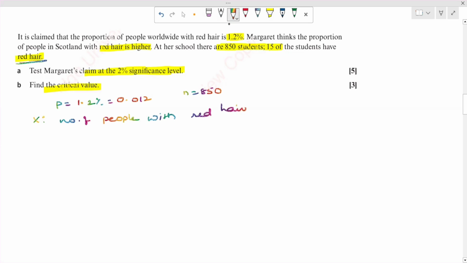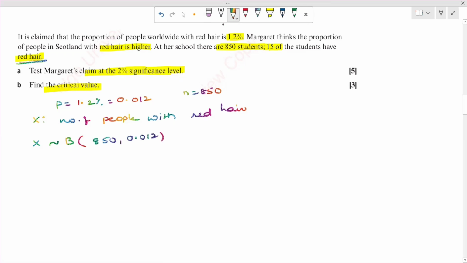Now X is normally distributed. We have to find that; first write down the binomial, after that we'll go for normal distribution. First, write down the expression: n comma p means 850 comma 0.012.